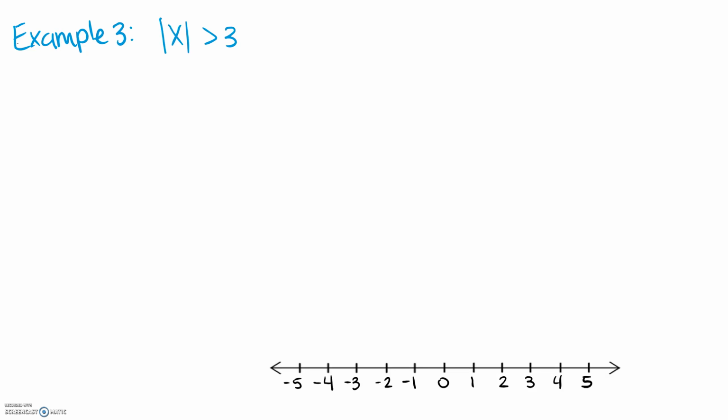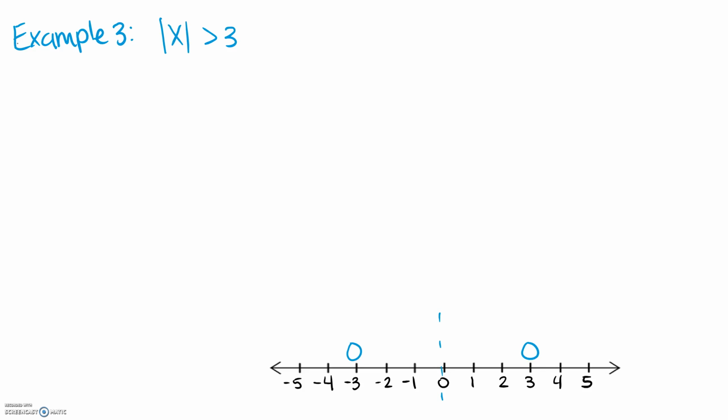Okay, so very similar to the absolute value of x is less than 3, this is the distance between x and 0 is greater than 3 this time. So if I look at my number line, I can start at 0 and put an open circle at 3 and an open circle at negative 3.